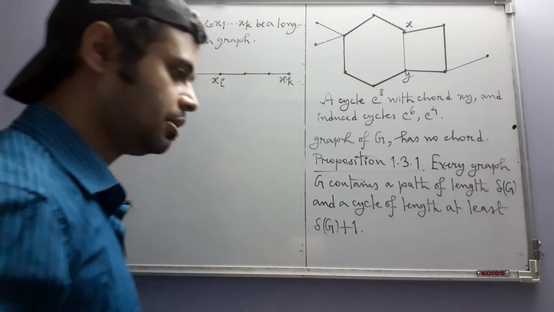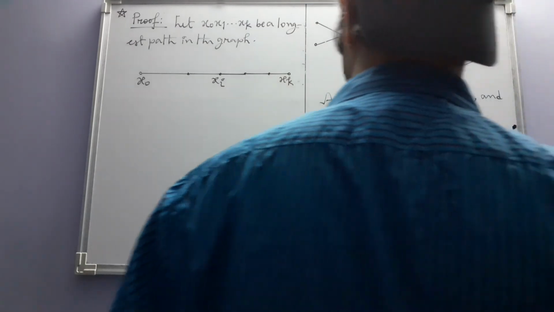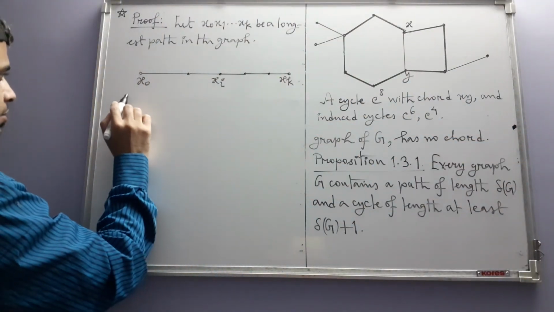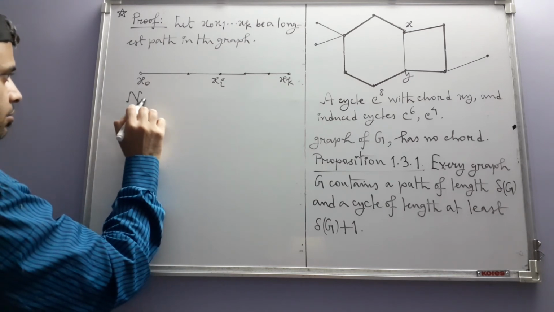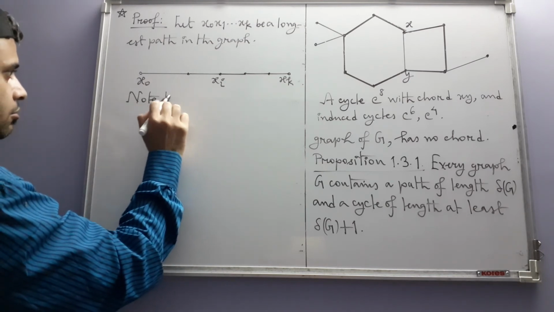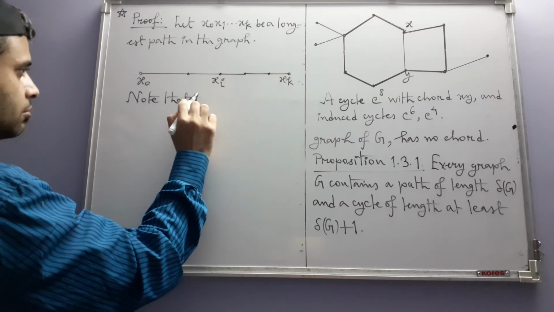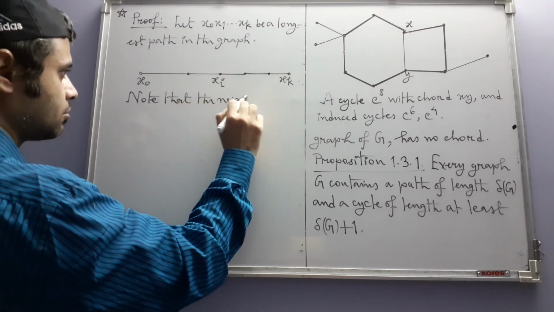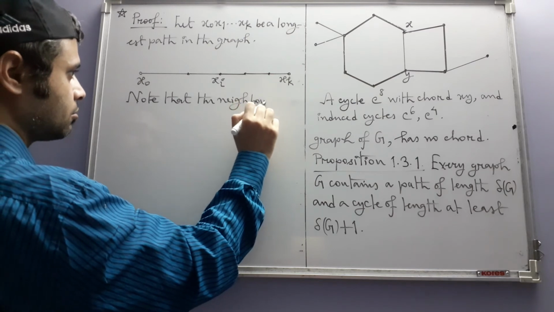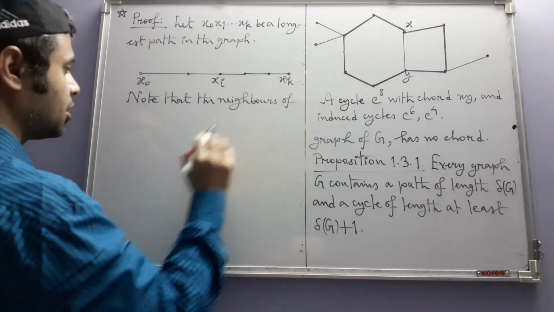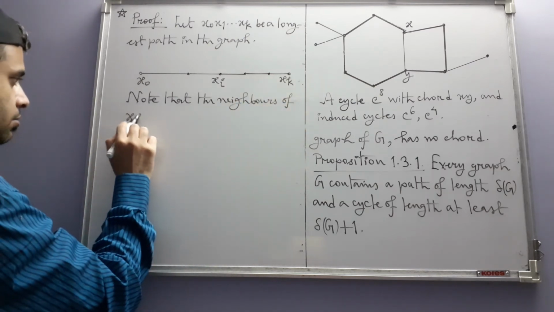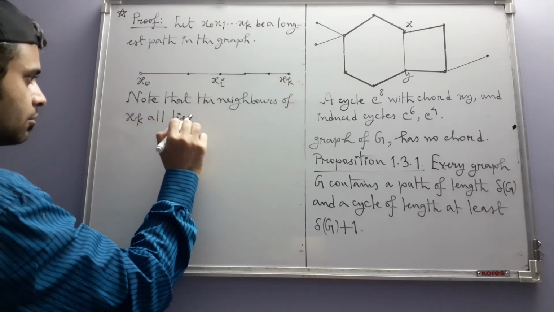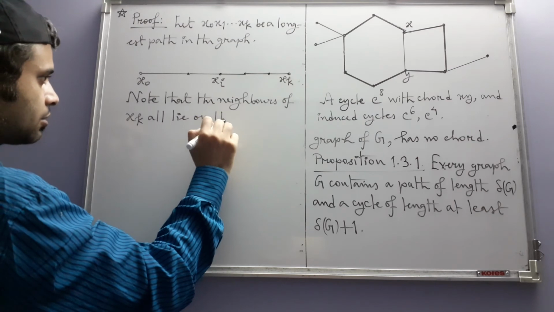Now we are going to make a claim, namely that note that the neighbors of xk all lie on this path.